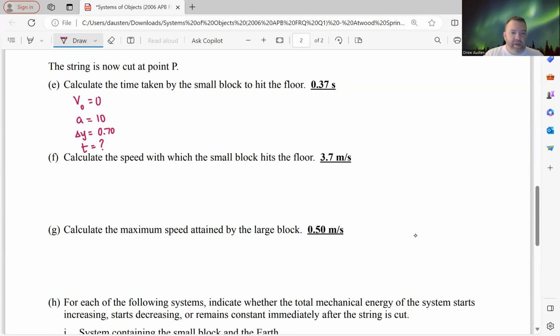We are missing the final velocity here, so we're going to use the kinematics equation that's missing the final velocity. Delta y is equal to v naught t plus 1/2 a t squared.